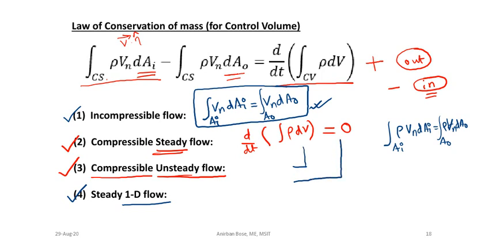Let us consider this is a tank, suppose. Okay, some water is there and this is the inlet, and through this inlet some fluid is coming into the tank. Now at the inlet, you can see the velocity or the density or the properties of the fluid may vary over this cross section.